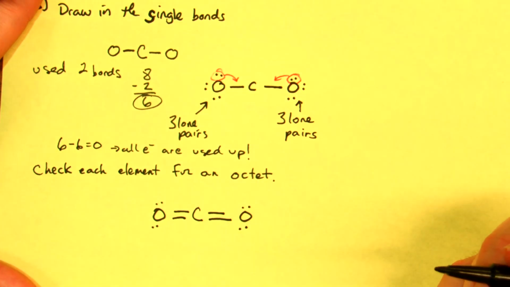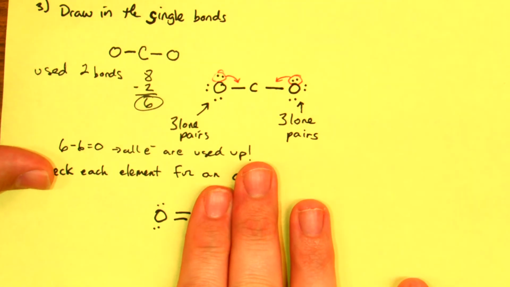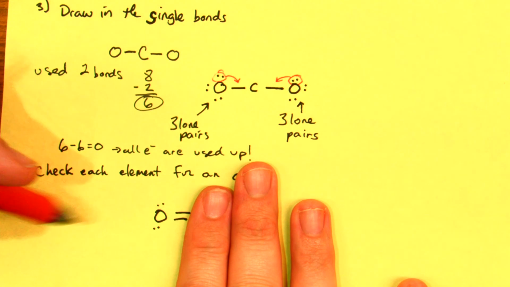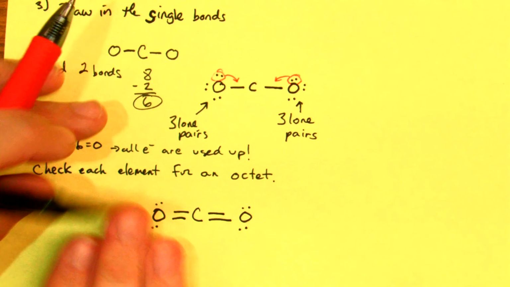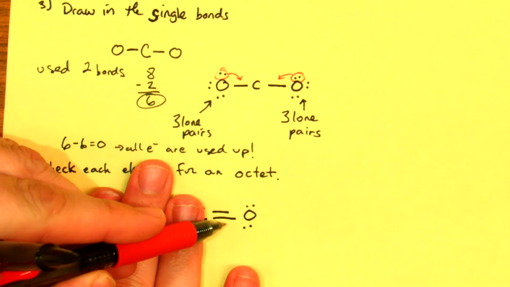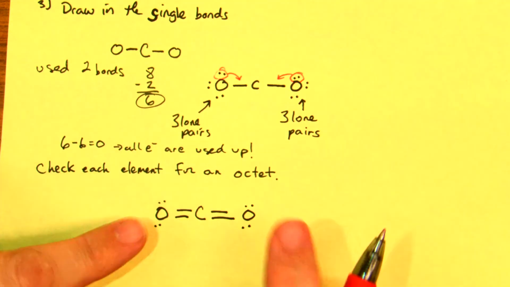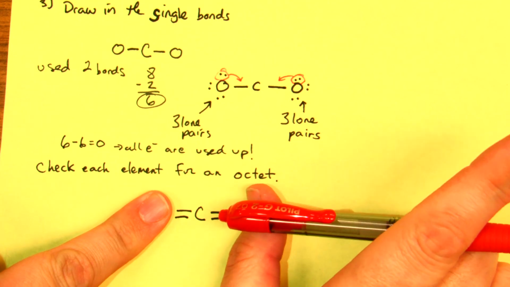Now we can go back and say, all right, do I have 8 electrons around this oxygen? There are 8, because each bond represents 2. So there's 2, 4, 6, 8. Now this other oxygen, 2, 4, 6, 8. Now if I cover up these, 2, 4, 6, 8.